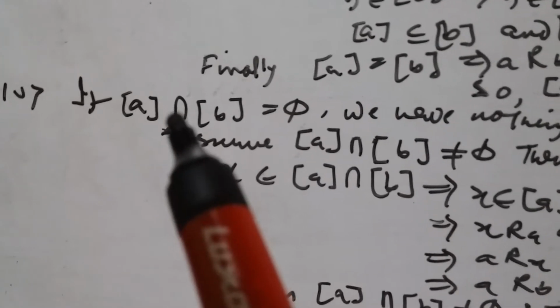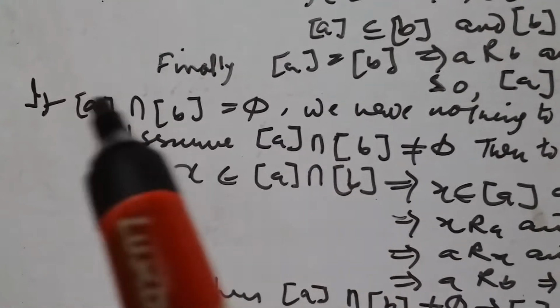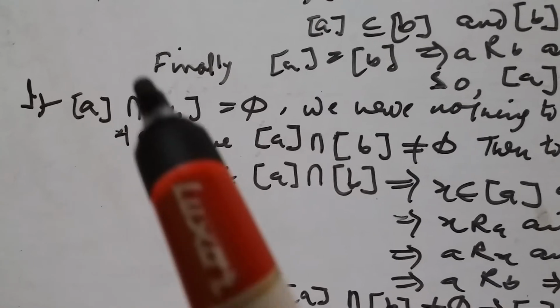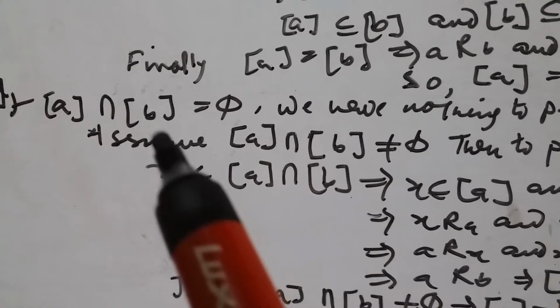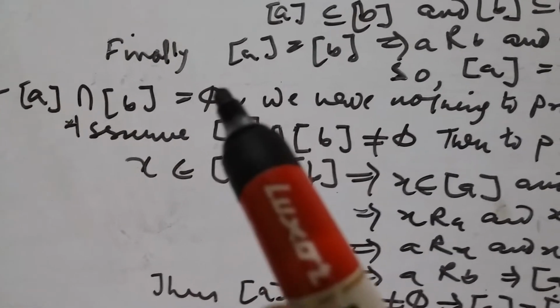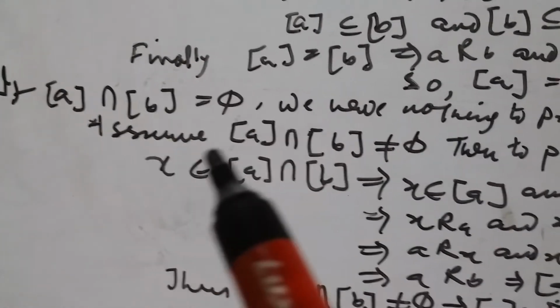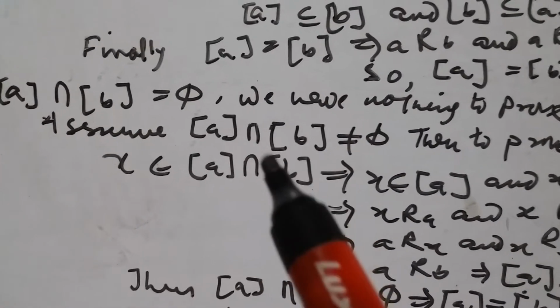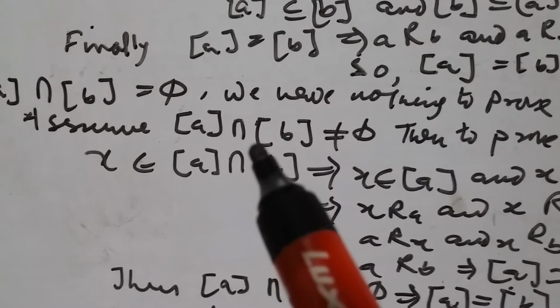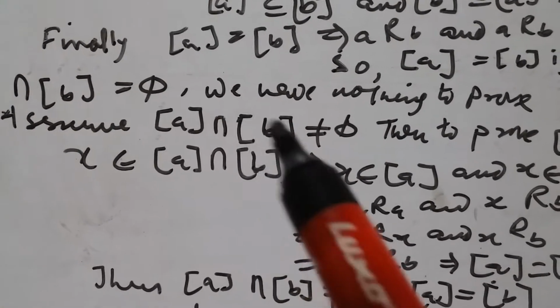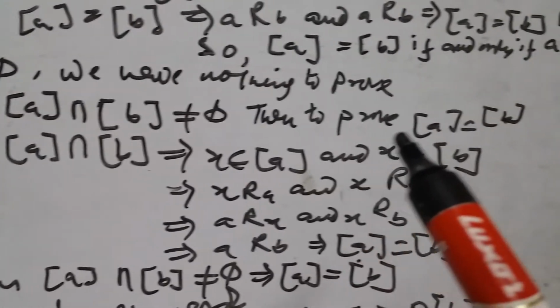Number 4, if [a] intersection [b] is equal to phi, then we have nothing to prove. Assume [a] intersection [b] is not equal to phi, then we have to prove this.